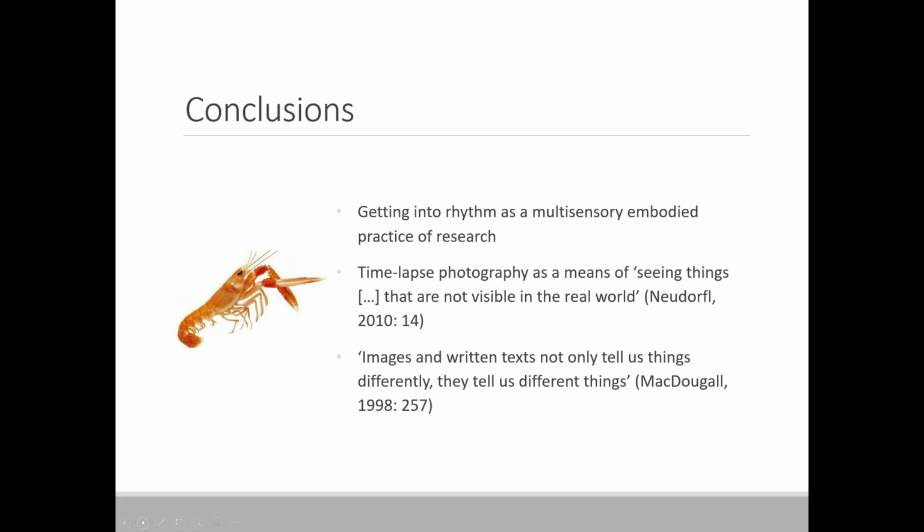So just to conclude, I've talked about different ways of getting into rhythm and the journey between them as a multifaceted, multisensory embodied practice that uses the body, specific senses, the eye and the ear, and extends it to the camera and the audio recorder. We've seen how time-lapse is a means of seeing things that are not visible in the real world.